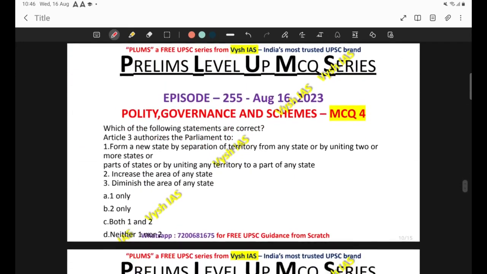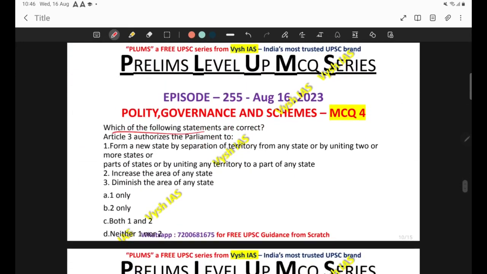Now come to the next question. Which of the following statements are correct? Article 3 authorizes the Parliament to form a new state by separation of territory from any state, or by uniting two or more states or parts of states, or by uniting any territory to a part of any state.